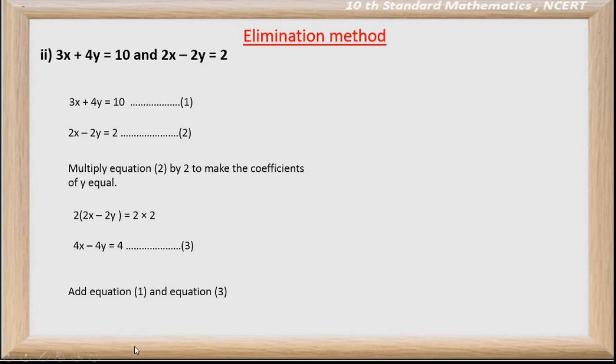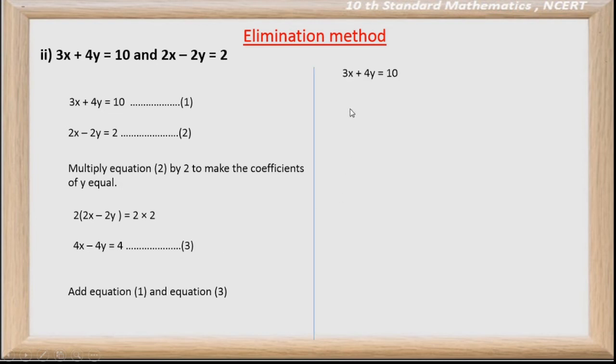See here, I am adding equation 1 and equation 3. This is equation 1, 3x plus 4y equal to 10, and equation 3, 4x minus 4y equal to 4.